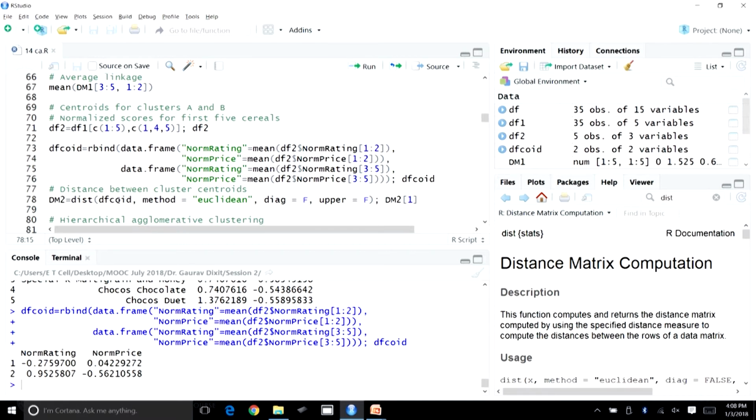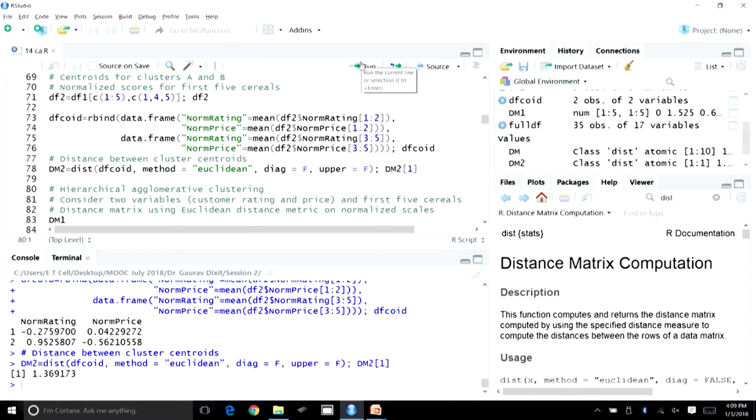So we can use the dist function and we will get this value. Let us run this code. Now you can see the value has been computed. This is the distance between these 2 centroids that we have just computed, and essentially this is going to be taken as the distance between the 2 clusters. So this is the centroid distance method, if we want to use this particular metric to compute the distance between 2 clusters.